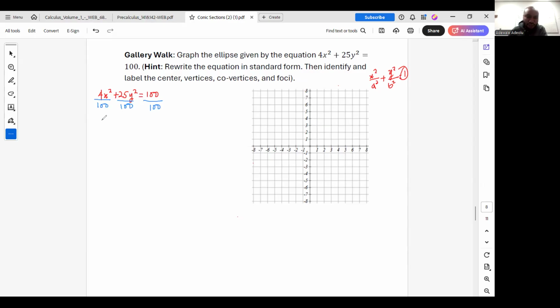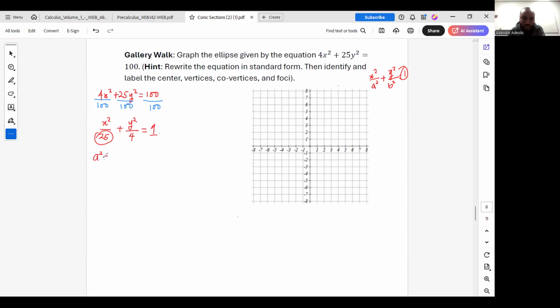So I will have x squared over 25 plus y squared over 4 equals 1. Oh, yes, sweet. Again, this tells us that the center is 0, 0. Well, you see 25 is bigger than 4.